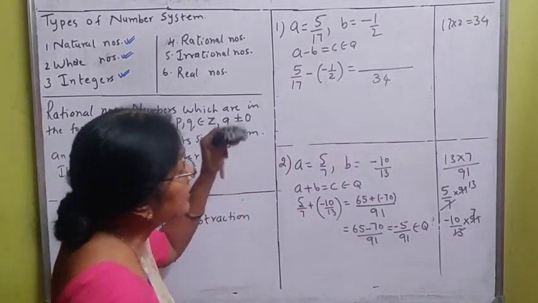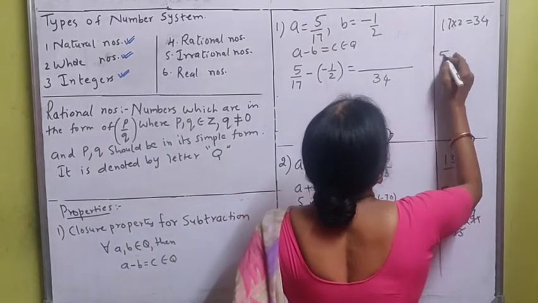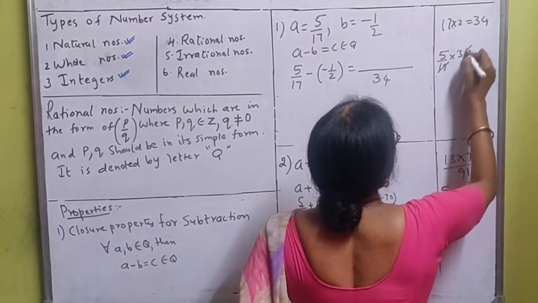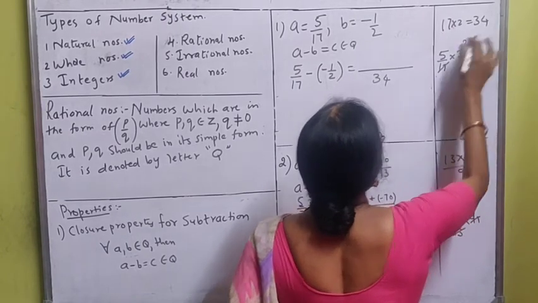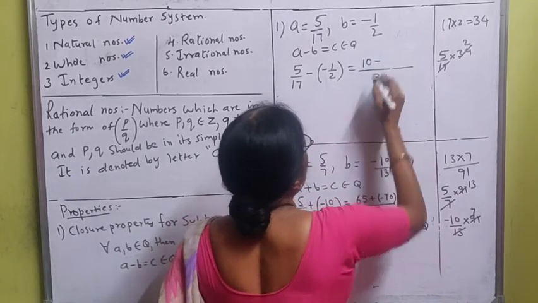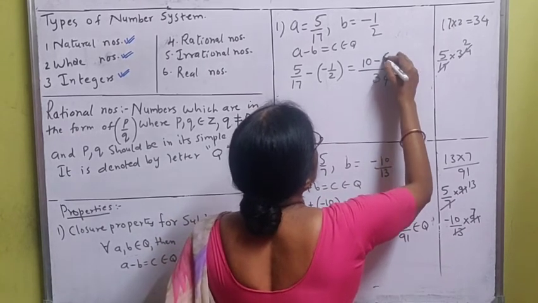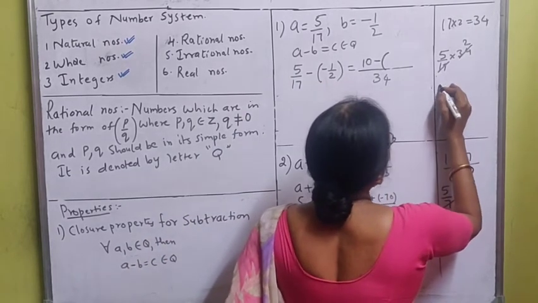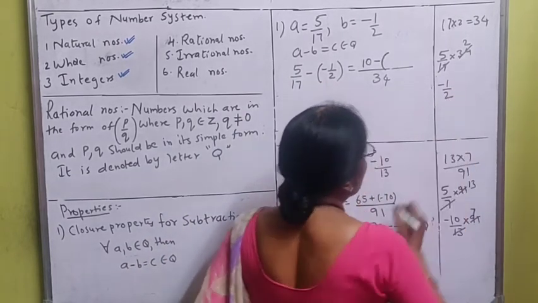Now take the first rational number 5 by 17 into 34. 17 ones are 17, twos are 5 2s are 10. So I got it as 10. What sign is there? Minus. Then keep it in the bracket because the second sign is also minus. Take the second rational number.